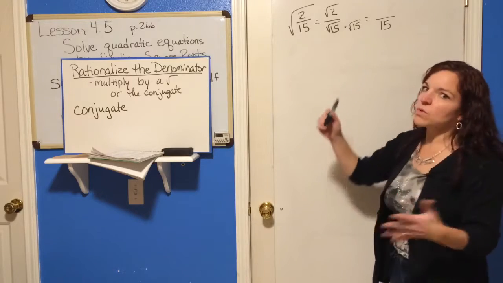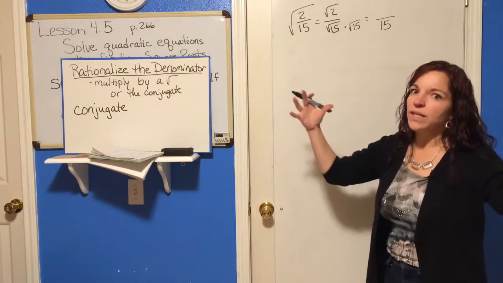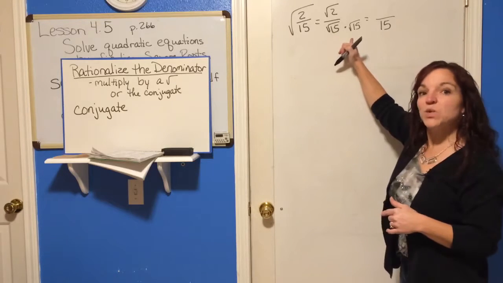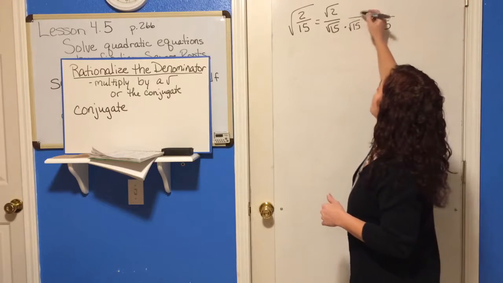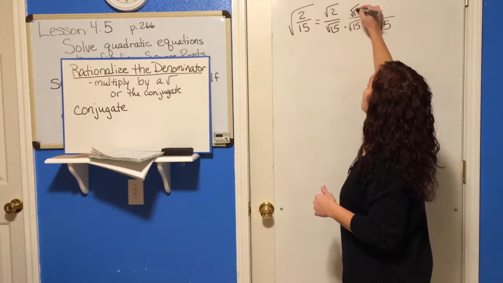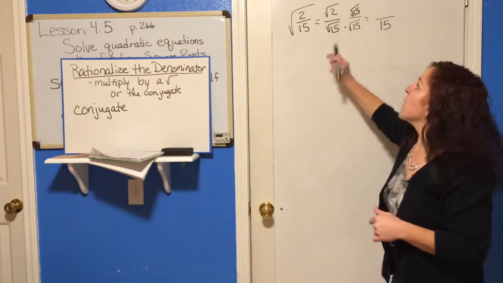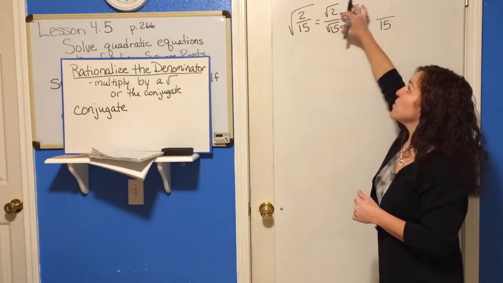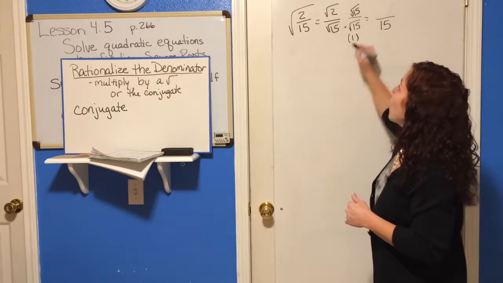You say, well, Mrs. Horning, you can't just multiply willy-nilly, and you're right. If you multiply the denominator by the square root of 15, you can multiply the numerator by the square root of 15, and by doing that, by multiplying by a number over itself, you're simply multiplying this fraction by 1.